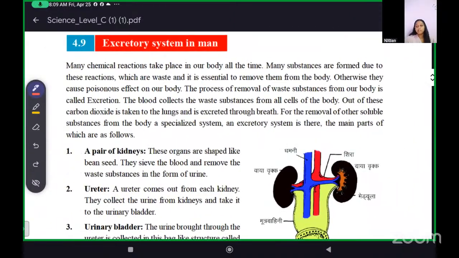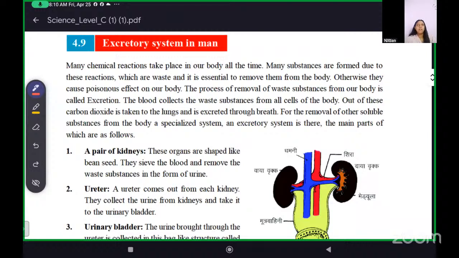Next is the excretory system in man. Excretory system is a system that is responsible for the removal of waste products from our body. When we eat food, the food gets digested in our body.